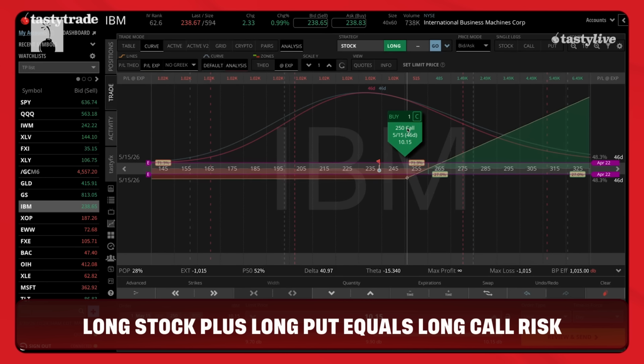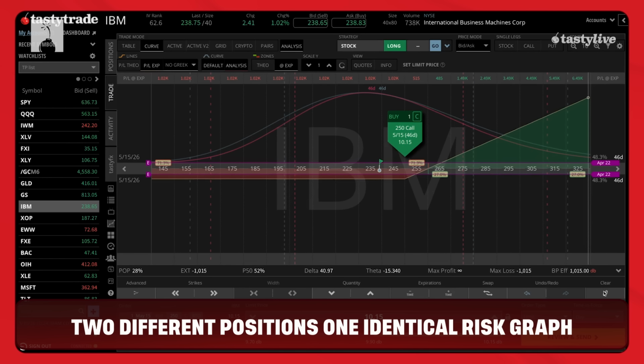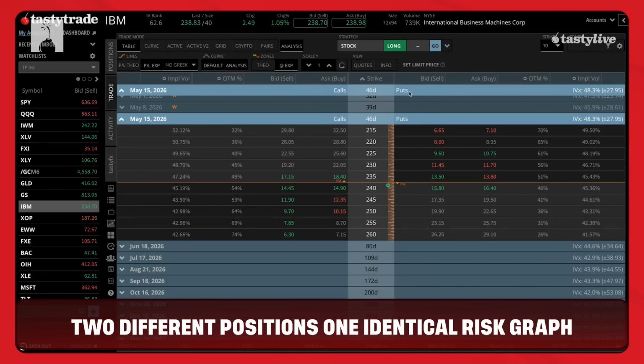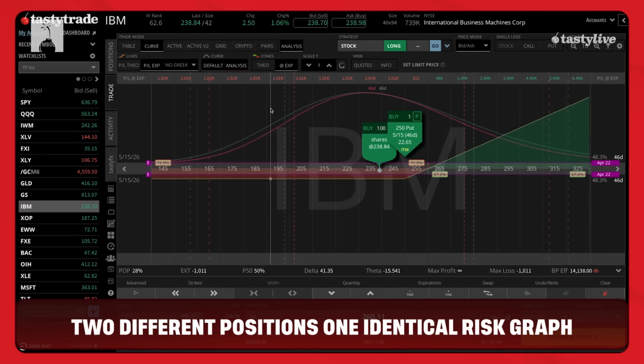Okay, let's clear this out, and I'm going to show you what the risk equivalent long put, long stock is. Let's go back to the table. I'm going to, let's say, buy 100 shares, and I'm going to buy the 250 put. Let's go to the analysis page. Oops, let's go to the curve, and here it is.